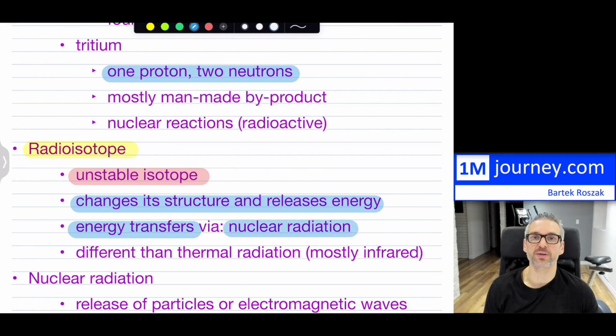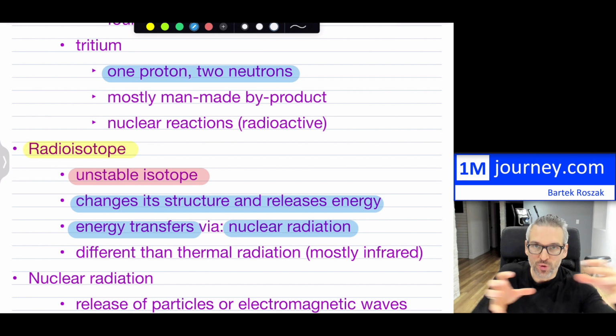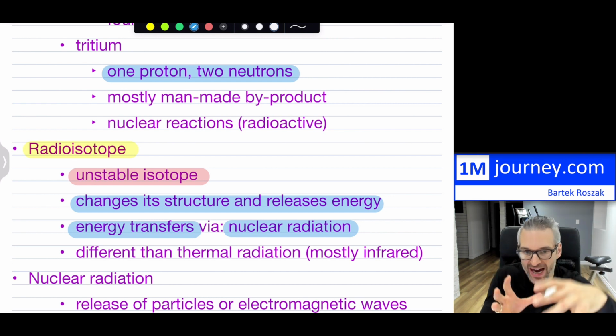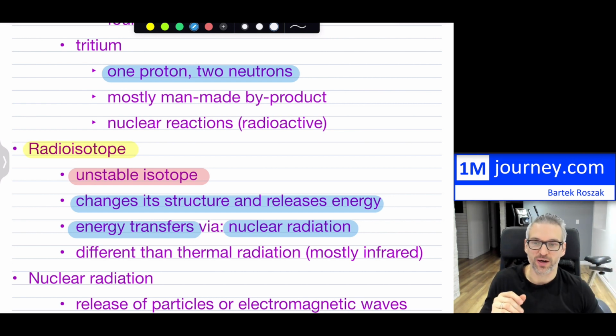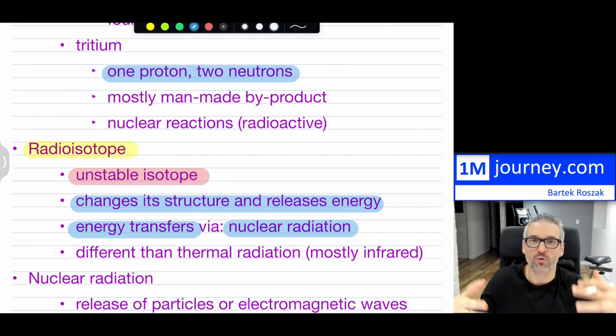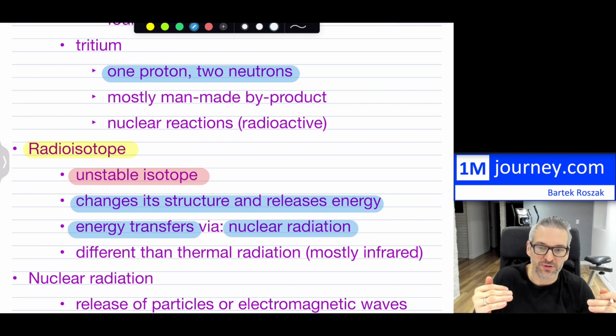Nuclear because it's coming from the actual nuclear components, the nucleus of that atom. And that energy starts to transfer out. Now, please note, nuclear radiation is different than thermal radiation, which is transfer of heat through the vibrations that you have, and it's given off mostly in infrared. It is electromagnetic waves, but they're kind of different.